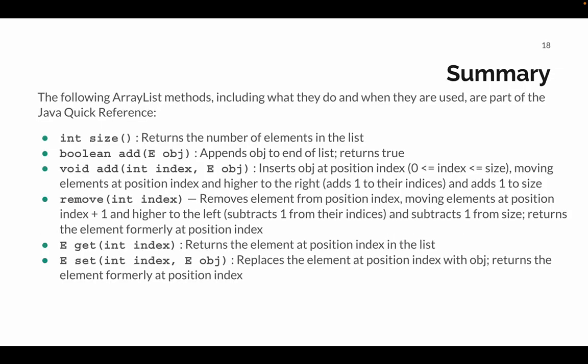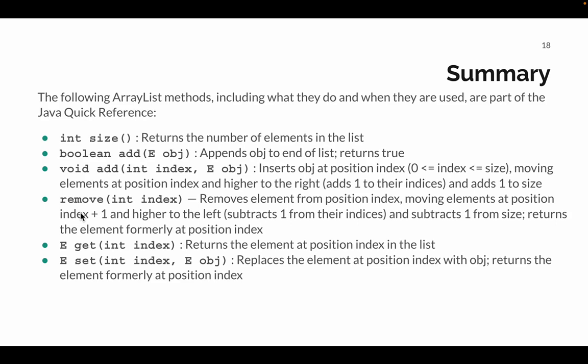So, quick summary: your int size returns the number of elements in a list. Your boolean add appends objects to the end of the list and returns true. Your void add inserts objects at position index, between 0 and size, moving all of the elements at position index and higher to the right, so it shifts everything over.